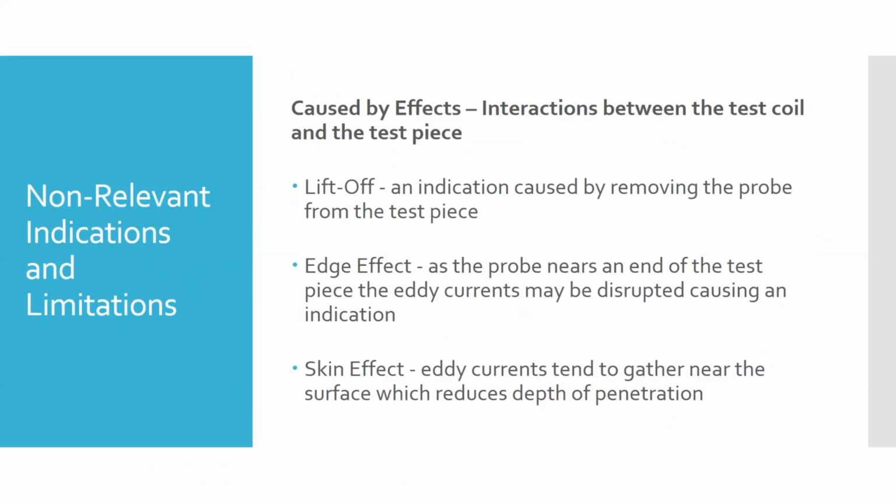So who remembers, if we want to overcome skin effect, how do we get a greater depth of penetration? A lower frequency. Lower frequency, remember, is going to give us a greater depth of penetration. It's not going to form these surface eddy currents as strong. It's going to be able to create those eddy currents deeper in the part. Okay? To be able to look for subsurface flaws, or in the case of sheet metal, backside flaws for corrosion and that kind of thing.